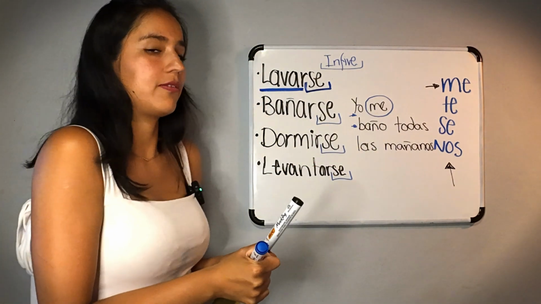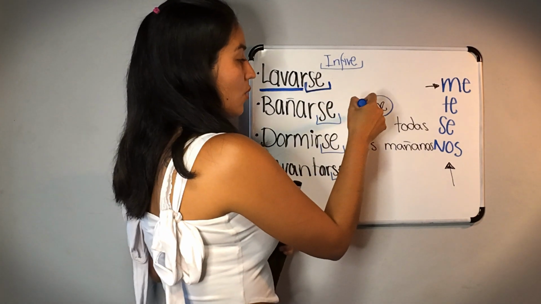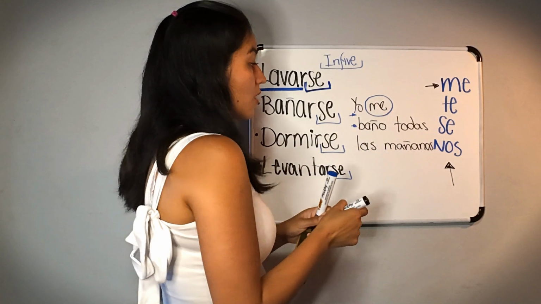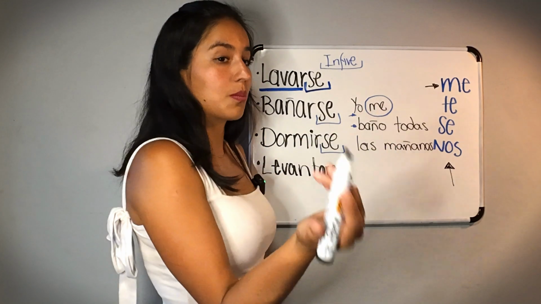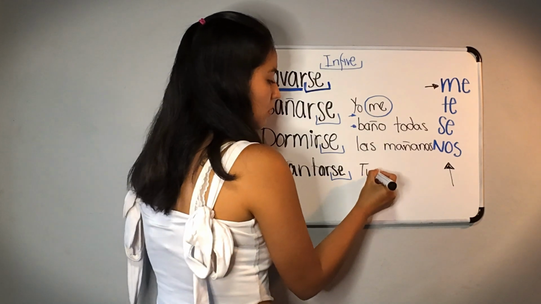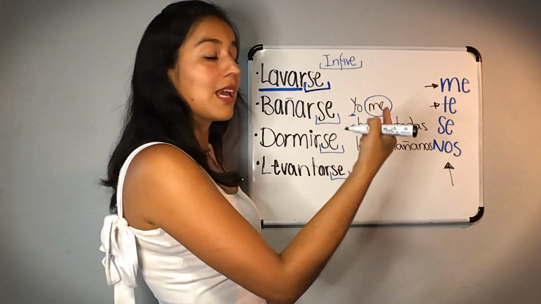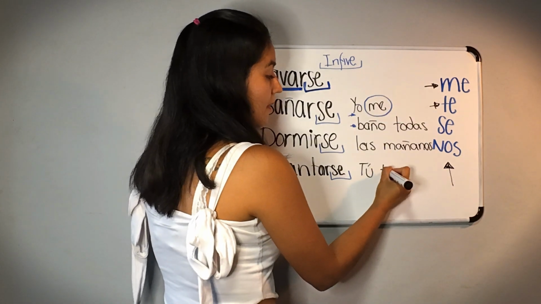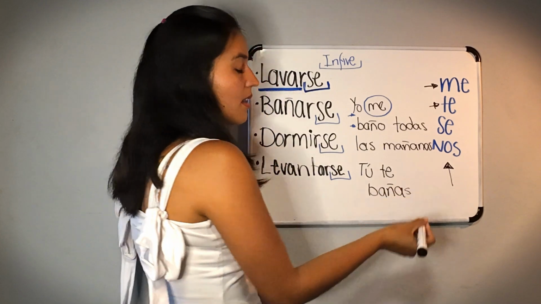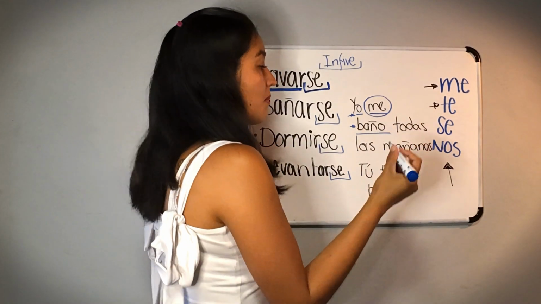And of course, because it's reflexive, it has to be the person who is doing it. For example, I'm using yo, so I have to use this. If instead of yo I want to use another pronoun, I can. For example, I can use tú, but then I have to choose te instead of me, because that one is the reflexive of tú. Te bañas. And then the conjugation, okay? Everything has to match.